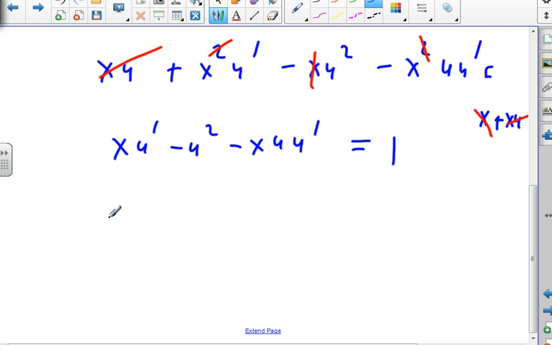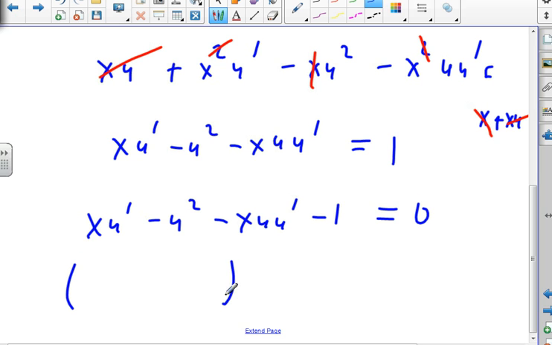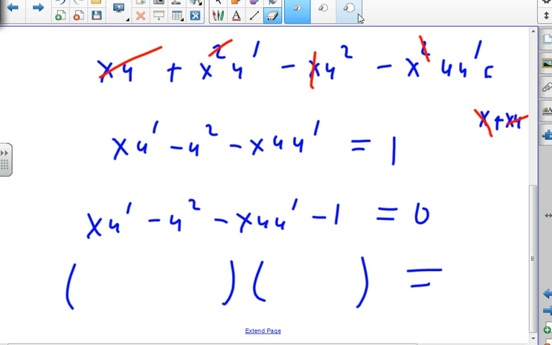Let's see, if I had x u prime minus u squared minus x u prime minus 1 was equal to 0, could I factor that? Doesn't look like I could. I'll back up some.